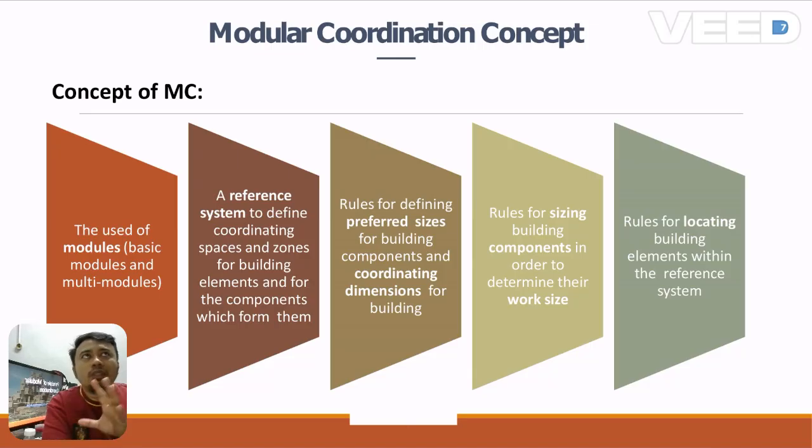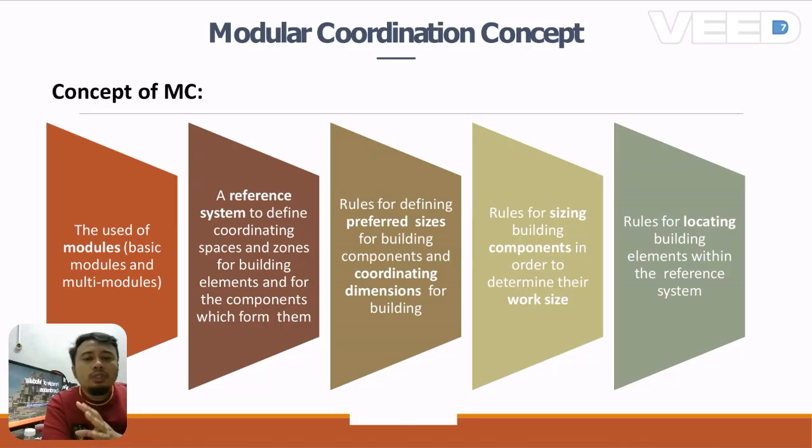For example, preferred sizes for door, preferred sizes for windows, and then modular coordination also specifies the preferred sizes for building. For example, the floor to ceiling height. What are the preferred sizes? 25 m, 30 m, and so on.